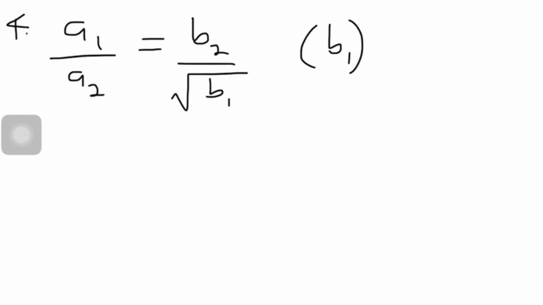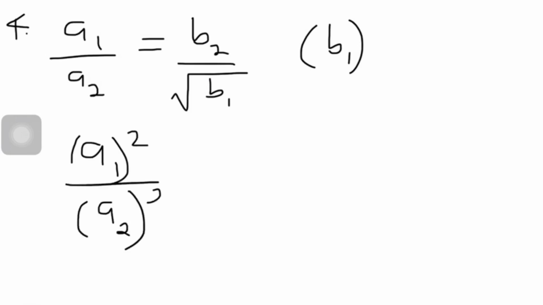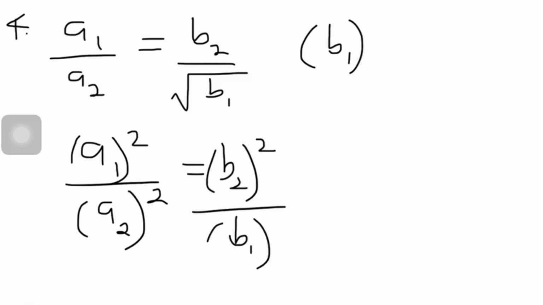So we have A1, we have to square it. We have A2, we have to square it, is equal to B2, we have to square it, and then we have B1 power 1 over 2, and then we square it. Hope you are together.